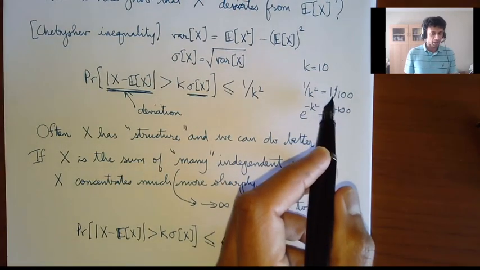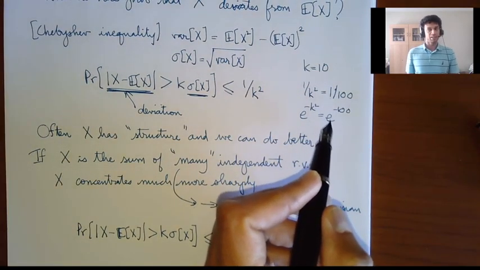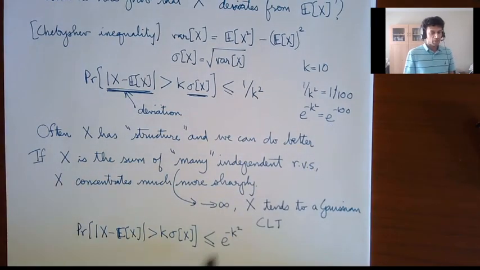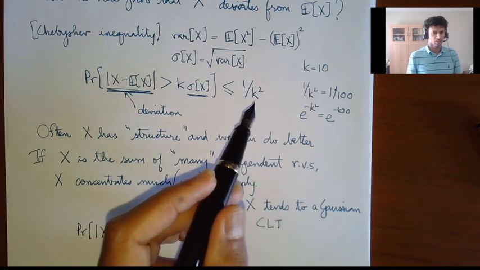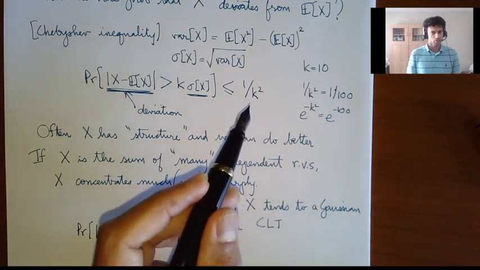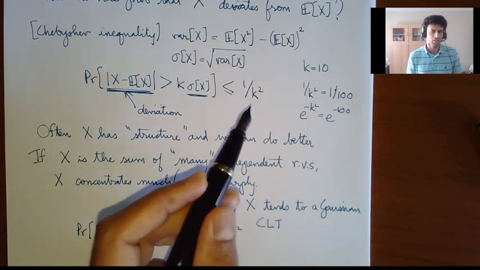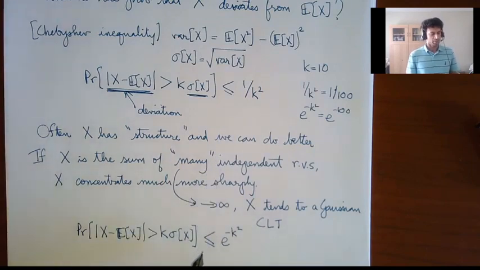So it's 10 to the minus 2 versus 10 to the minus 30. So the deviations are extremely small. Even when you put something like 2 or 3 standard deviations, this probability is extremely small. But with Chebyshev, with 2 or 3 standard deviations, you don't get much. The probability is still reasonably high. The probability here is extremely small.